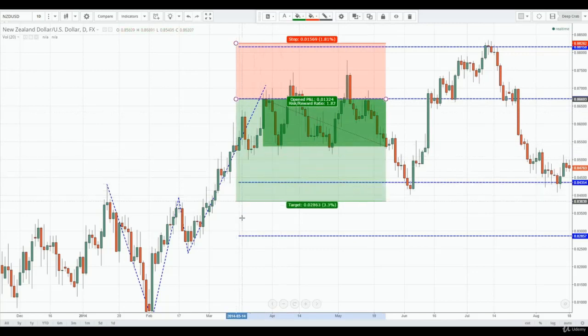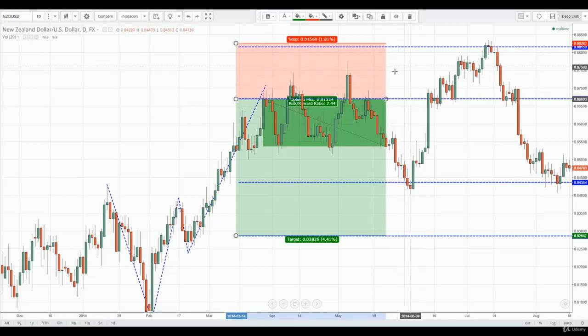The first one's about a 1.5 to 1, and the second one's at almost 2.5 to 1. So, let's say we risked 1% of our account on this, we potentially saved ourselves 0.5% because we had gotten our first position filled and taken off, and we saved ourselves the 0.5% of loss.